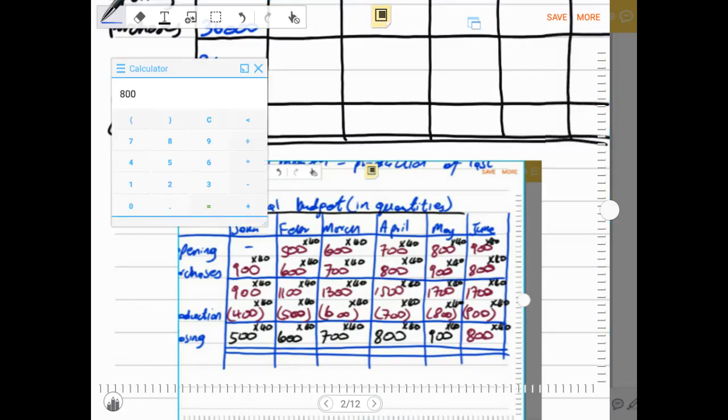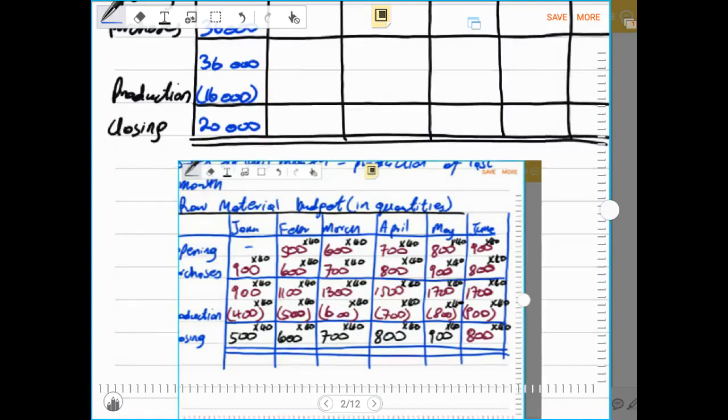So all we did was say 40 times by 900, that gave us 36. Then we said 400 by 40, that gave us 16 less 36,000, then that became 20,000. So that's where the 20,000 is coming from.